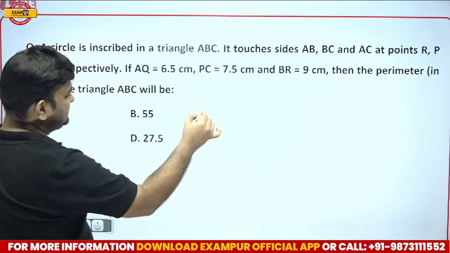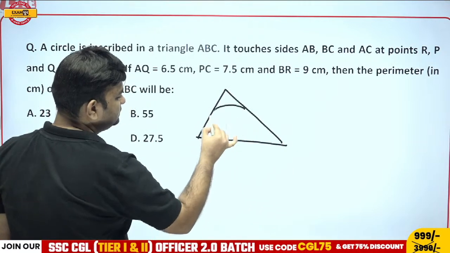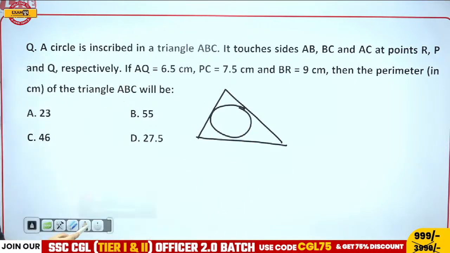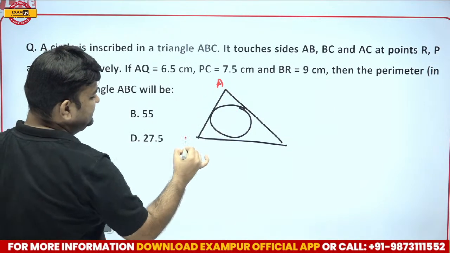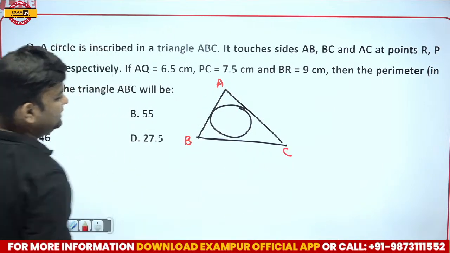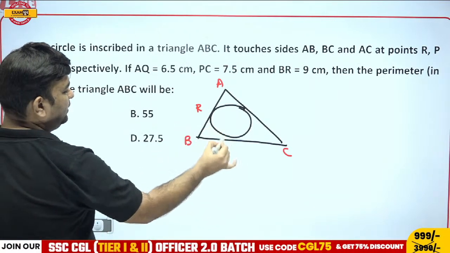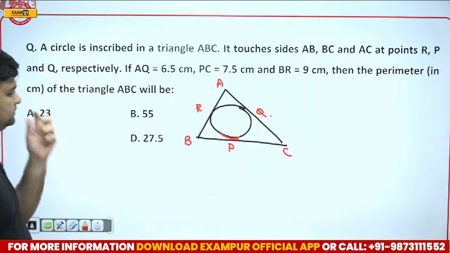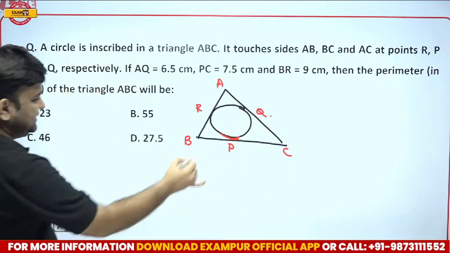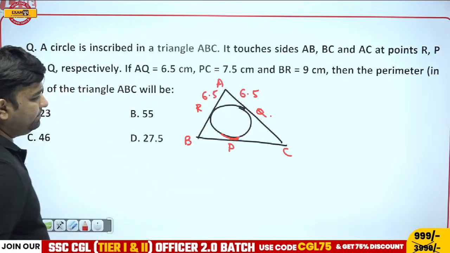A circle is inscribed in a triangle. It touches the sides AB, BC, CA at points R, P, and Q. AQ was 6.5, this is also 6.5.